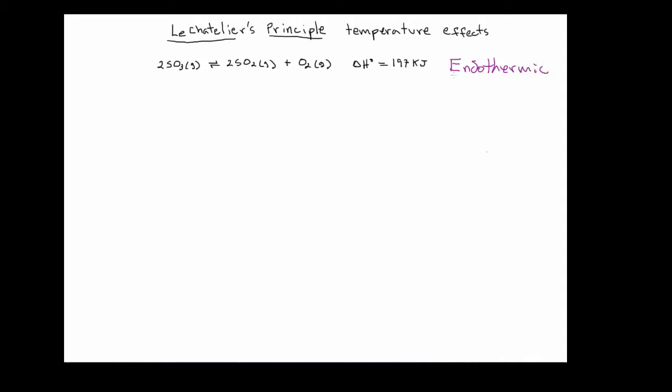And there's a couple of things I want to point out before we get to the meat of the matter here. And the first is, remember that this is a thermochemical equation the way it's written.